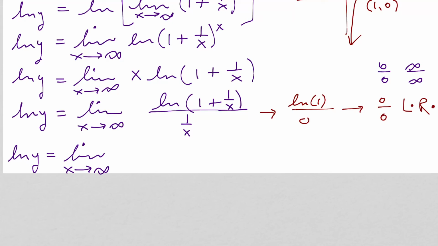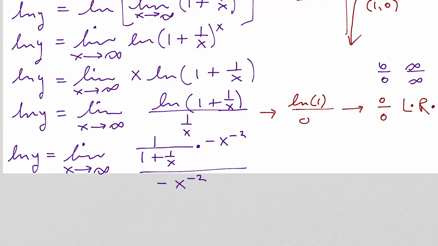So the derivative of the natural log of 1 plus 1 over x would be 1 over 1 plus 1 over x times the derivative of 1 plus 1 over x. Derivative of 1 would be 0. So the derivative of x to the negative 1 is negative x to the negative 2. Right, that's the numerator. And then I've got the derivative of 1 over x in the denominator as well, which is negative x to the negative 2.